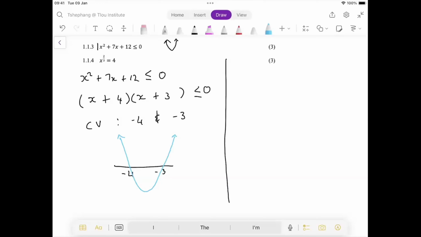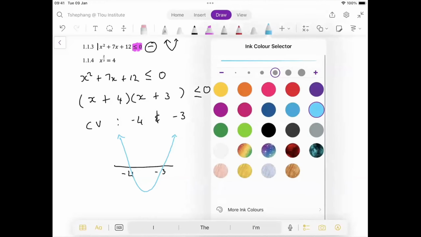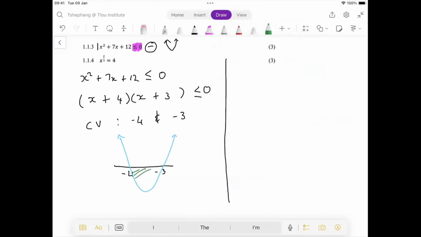Then, what did the question say? Less than or equal to 0. What does this mean? It means negative. So negative means what? Under the x-axis. Where's the graph under the x-axis? This is that region under the x-axis.